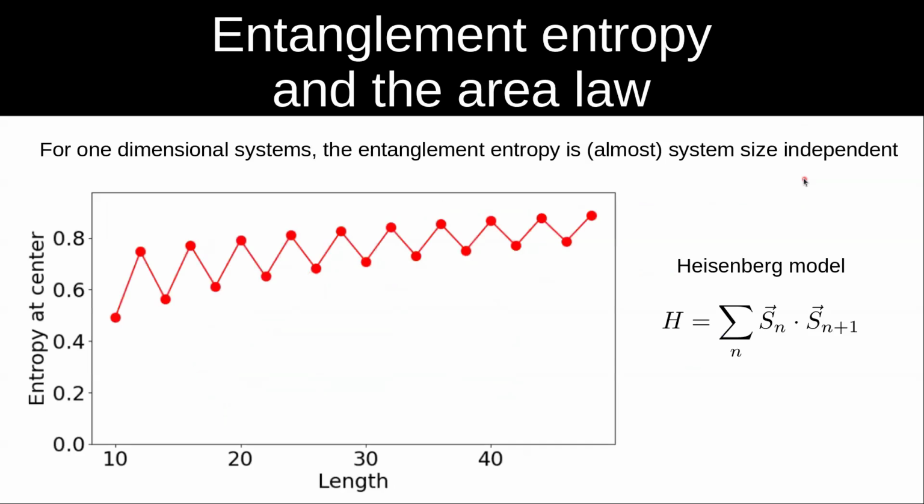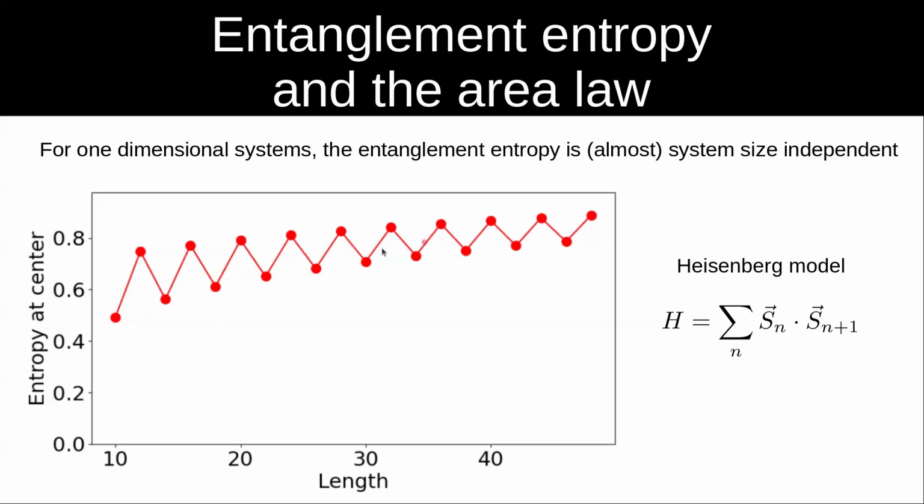You can do this systematically by doing precisely what we discussed in the previous slide. So you compute the entanglement entropy at the center of the system, and you make the system bigger and bigger. And you see that there are, of course, some oscillations, but then overall there's a small growth of the entanglement entropy, but it's a relatively slow growth.